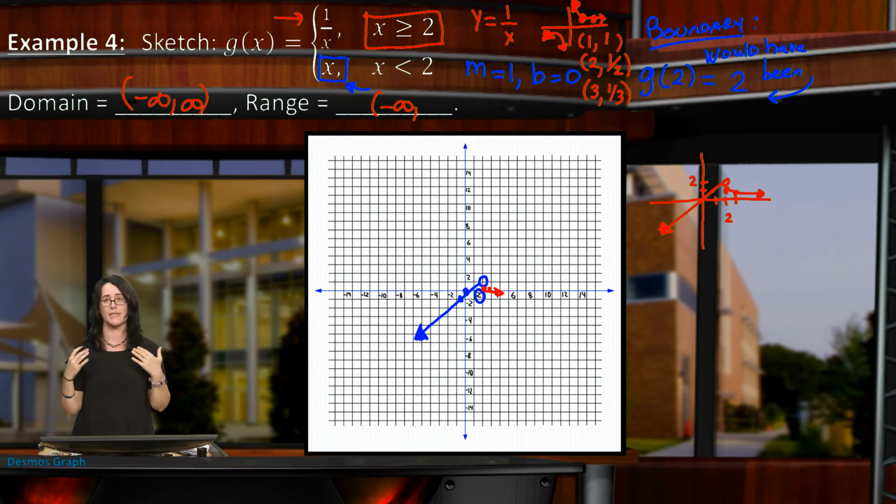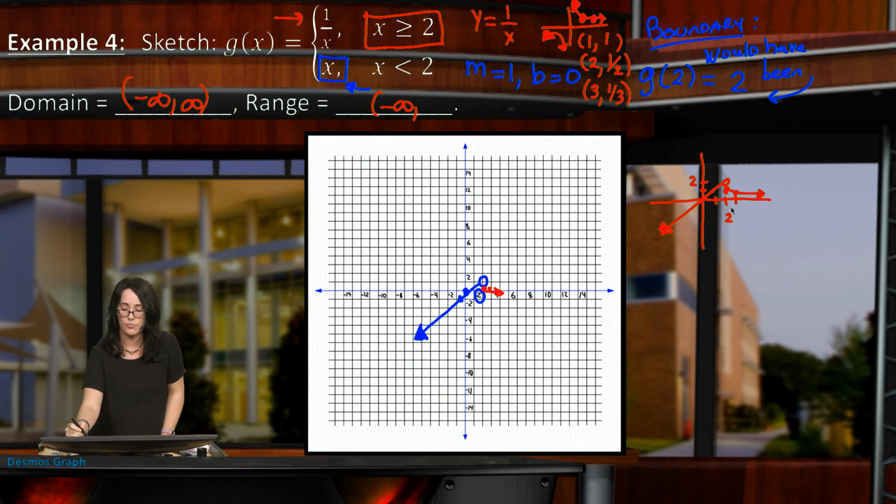Again, the question to ask here is, are you allowed to continue growing forever, or is there any values that you're skipping? So when I look at the linear piece, I notice that I continue growing until I get to the y value of 2, right? It would have been 2, we said, for that boundary. So we continue growing until we get to that location there, right? And that looks like my highest value. Why do I say that?